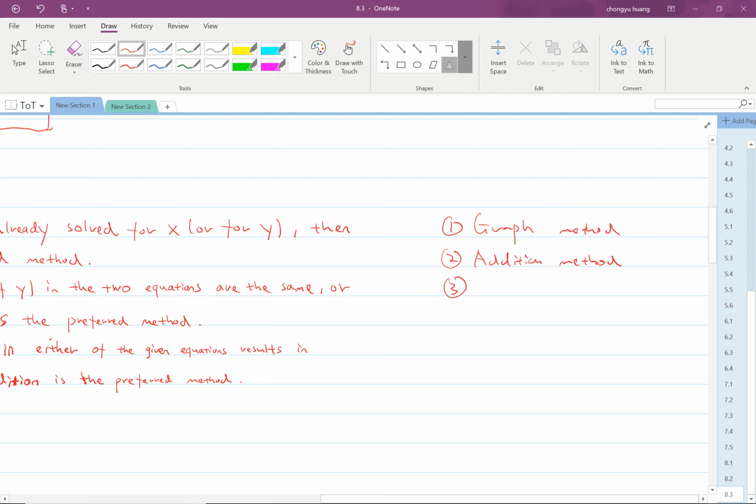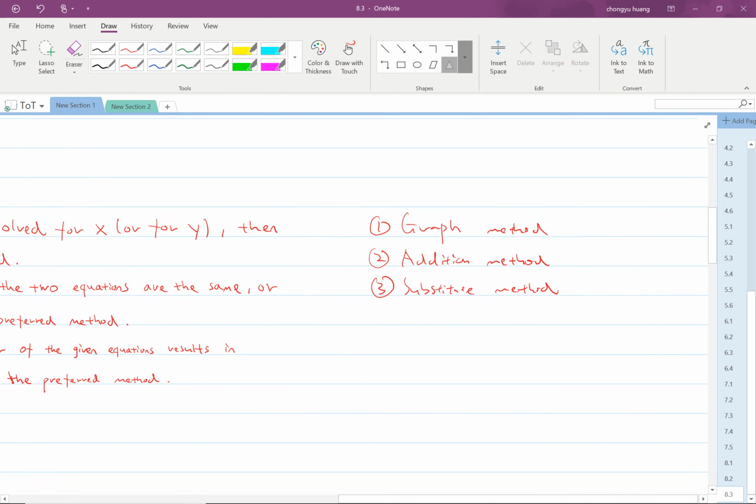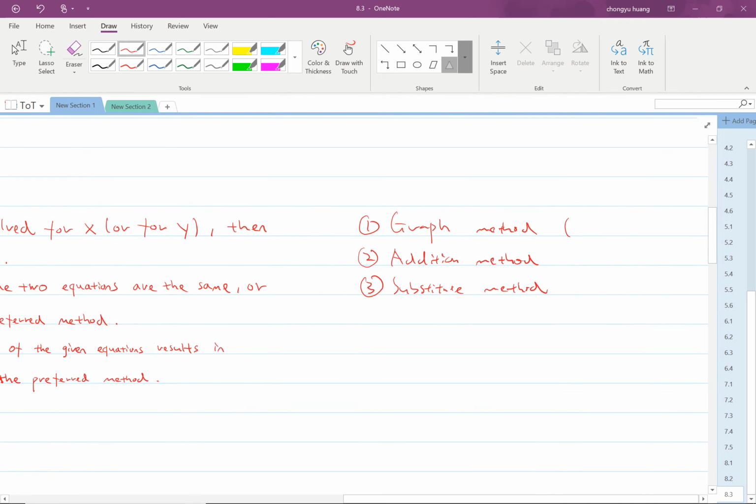As I mentioned before, the graphing method is not useful, it is inefficient. So you are not really concerned about using the graphing method.